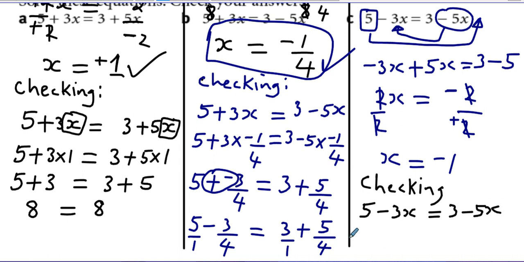So we got x is negative 1, so this will be 5 minus 3 times negative 1, equals 3 minus 5x. That means 5 times the x, but the x is negative 1, so times the negative 1.